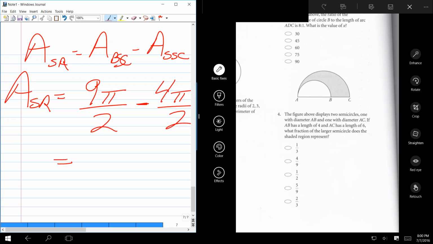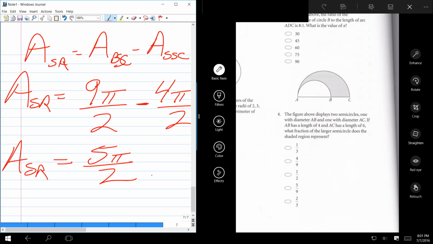What's 9 pi divided by 2 minus 4 pi divided by 2? 9 pi divided by 2 would be 3 pi. Oh, wait, no, it would be 4.5 pi. Hold on. Minus... We have the same common denominator, 2. So all we have to do is operate on the numerator. So 5 pi divided by 2. That's the area of the shaded region.